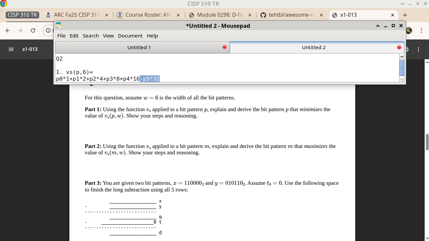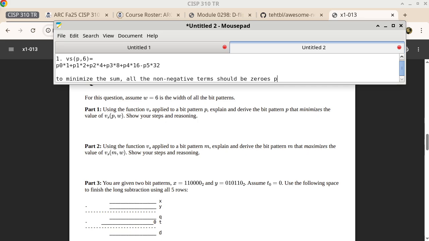So this is the crucial part. Because P5, which is the most significant bit, is going to be subtracted. The product between P5 and 2 to the power of 5 is going to be subtracted. So that means, in this case, to minimize the sum, all the non-negative terms should be zeros.